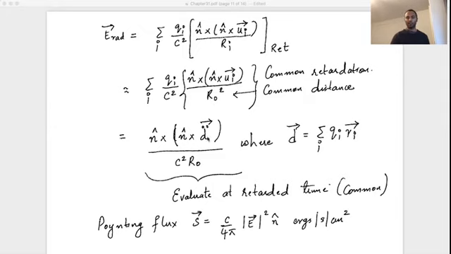So D is the dipole moment, and D is defined as a charge weighted sum of positions of the particles. So Ri is the position vector of the particle, Qi is the charge, and D is the summation of Qi times Ri. So you can think of the dipole moment as a charge weighted vector sum of the positions of all the particles inside that volume.